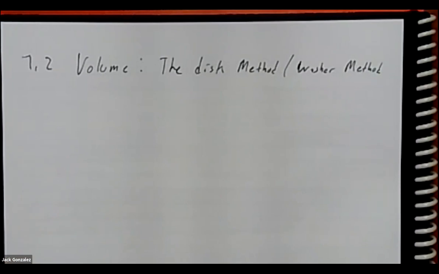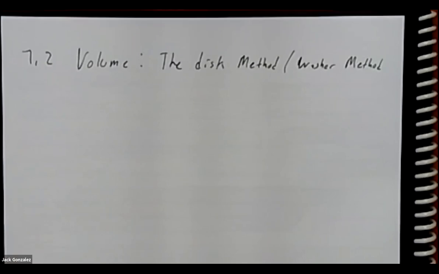Washer, like the little donuts. Okay, let me write the theory first, and we'll get started on some examples.